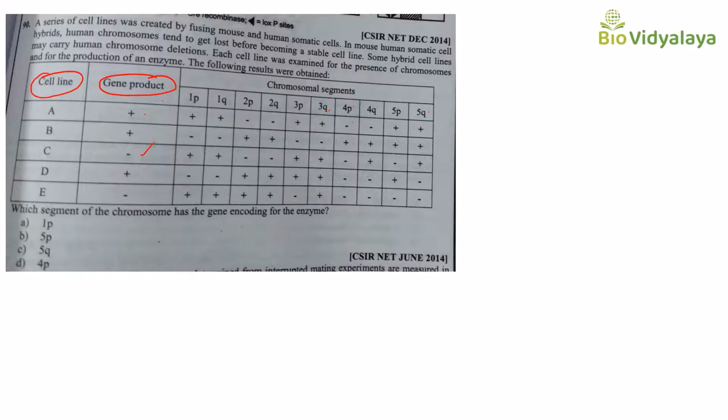First, we have to find the cell lines that are positive for this gene product. So here this is positive, and this is also positive. So cell lines A, B and D are positive for this gene product.